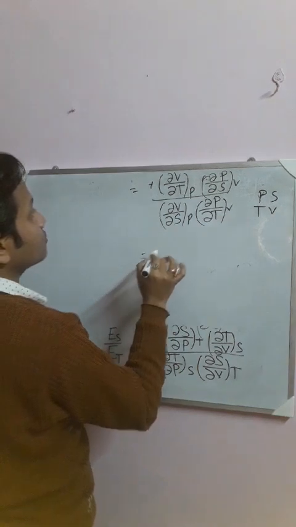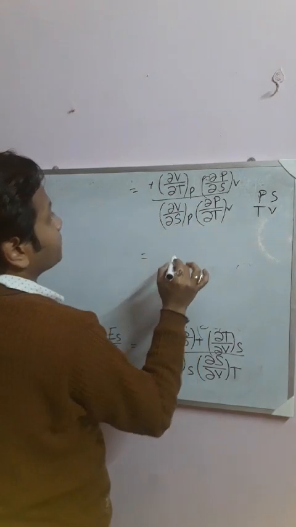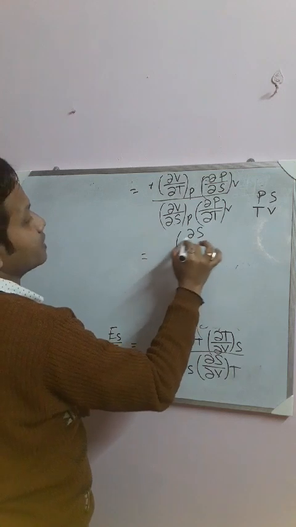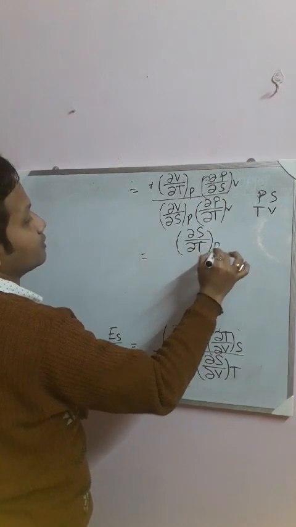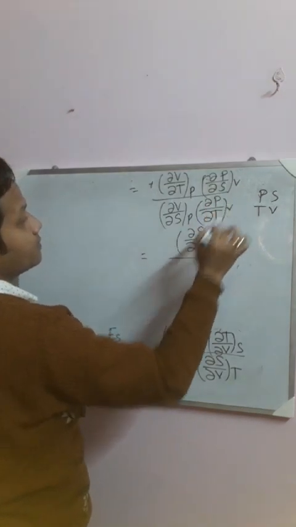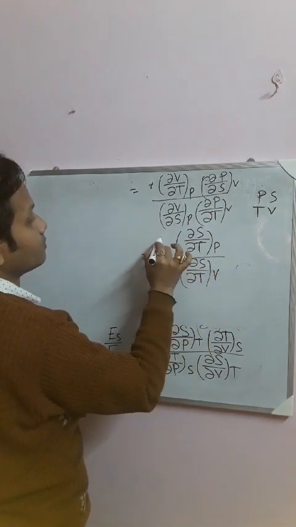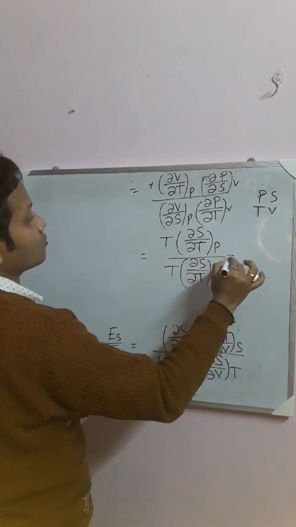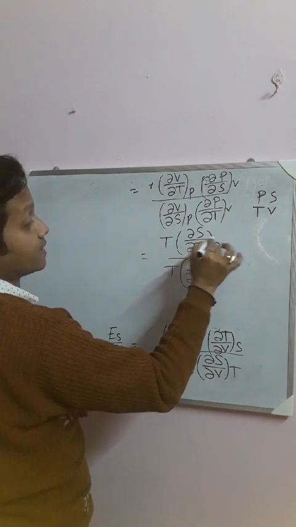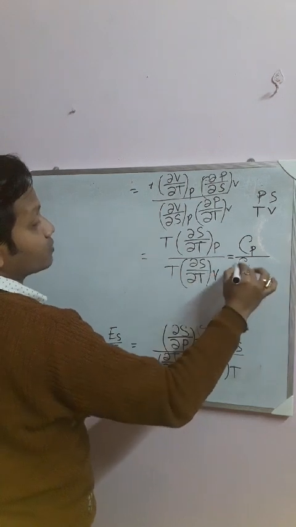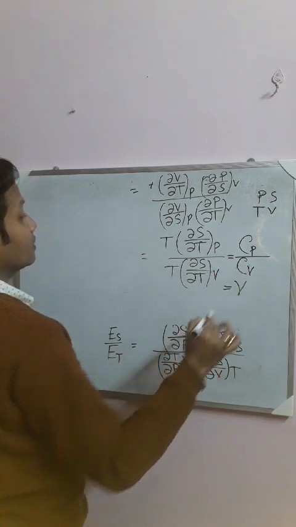Just this is del S del V, and del V cancels, so this is del S del T at constant pressure, and this becomes del S del T at constant volume. Multiply this by T. So T del S, that is del Q del T at constant pressure, means Cp, and del Q del T at constant volume means Cv, and this is gamma.